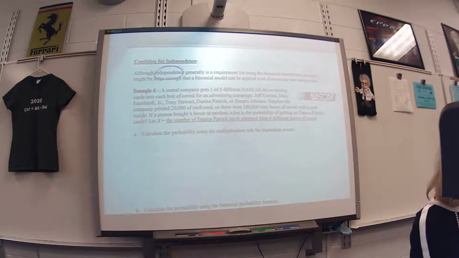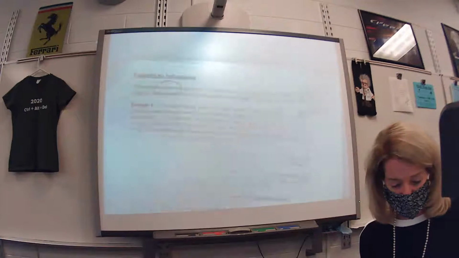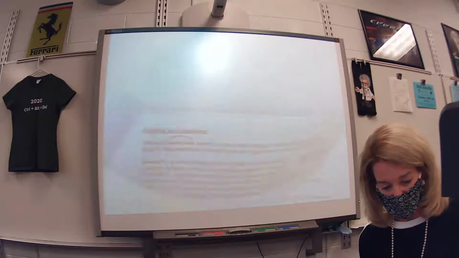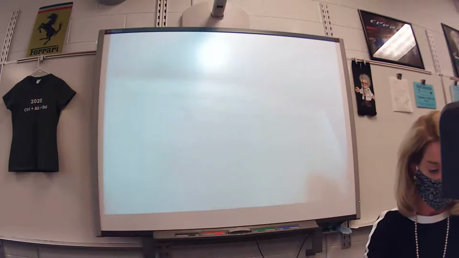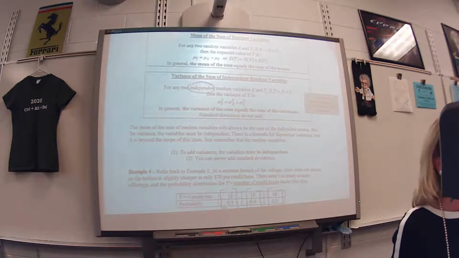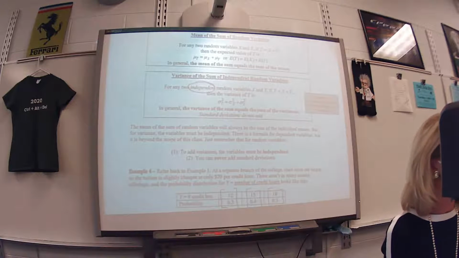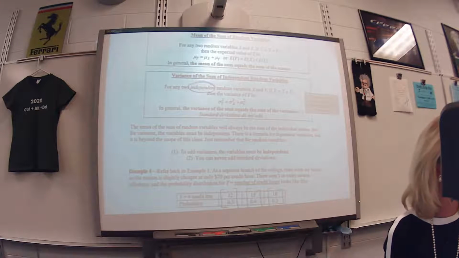All of this, way back, all the way back before we started talking about binomial, they kept referring to all of this as based on independence. We're assuming that everything is independent.